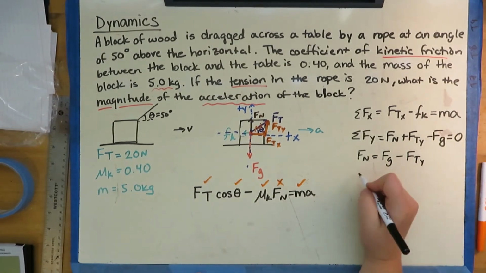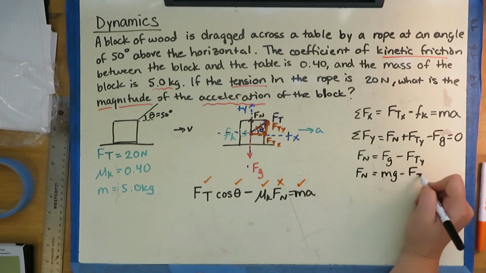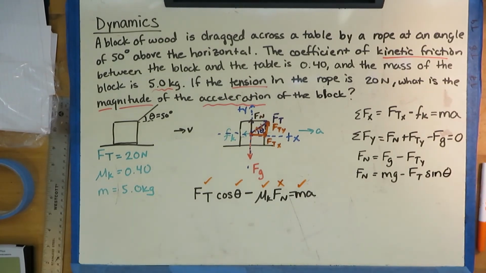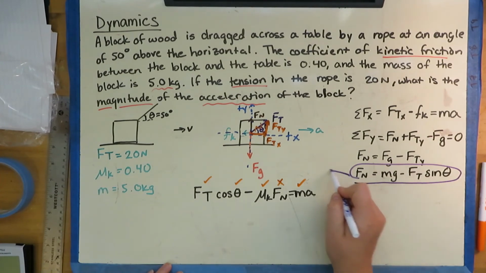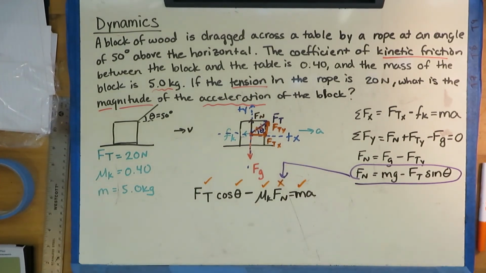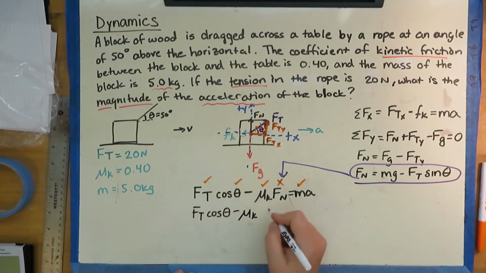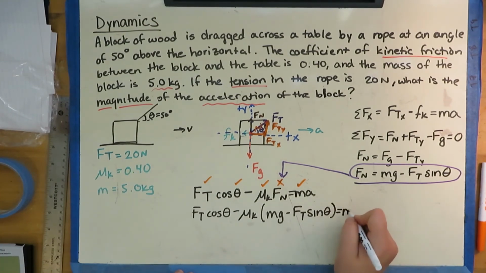And then I can sub in non-numerically. My normal force is going to be mg minus Ft, and the y component is the opposite side, so that's sine of theta. When I'm showing my work, I'm going to take this quantity here and sub it in for normal force. So I'm going to take Ft cosine theta, leave that as it is, minus mu k, sub in mg minus Ft sine theta for Fn, and then that is going to equal m times a.